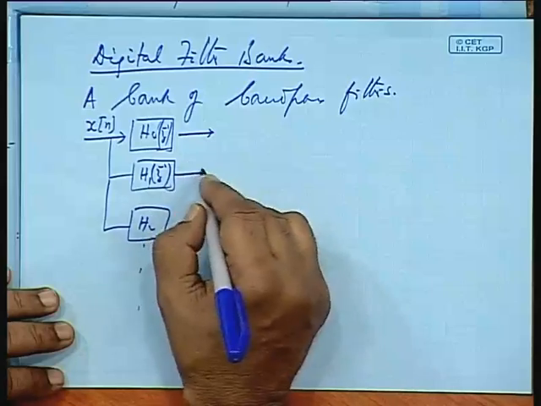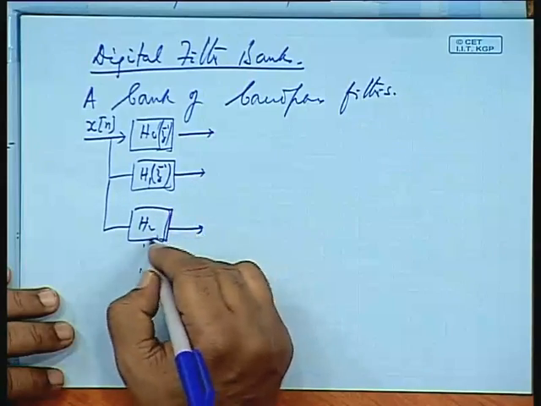Corresponding outputs you get in different bands. That means you have different bands of frequency. You have band pass filters with varying bands, uniformly distributed in the range 0 to 2 pi.